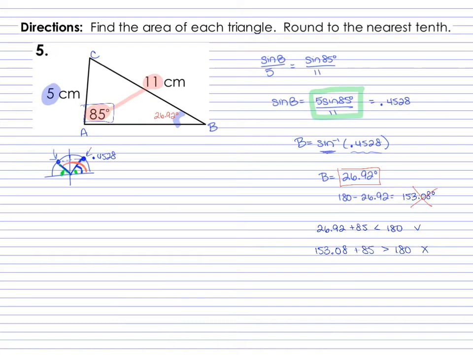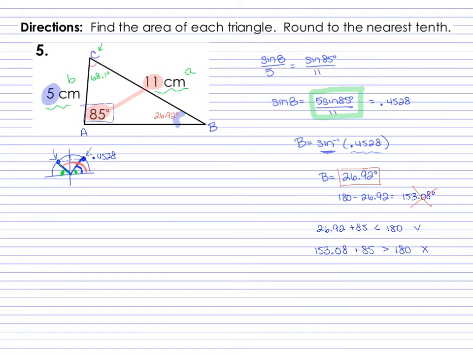So now I can solve for angle C, which is actually the angle that I need, because remember, I need the angle that's in between the two sides. I've got side A here, I've got side B here. I need that sine of C. So I'm just going to subtract 85 and 26.92 from 180, giving me that angle C is 68.1 degrees.